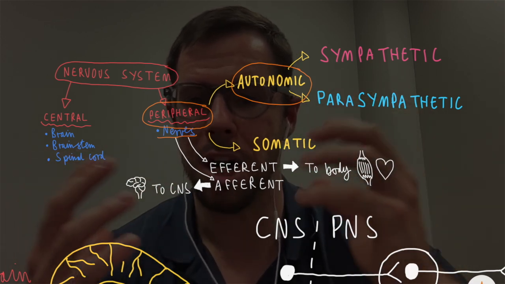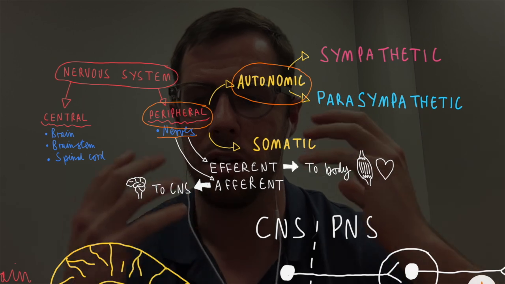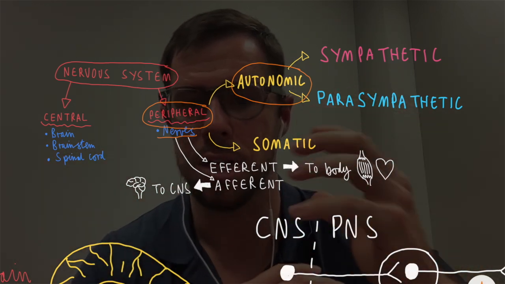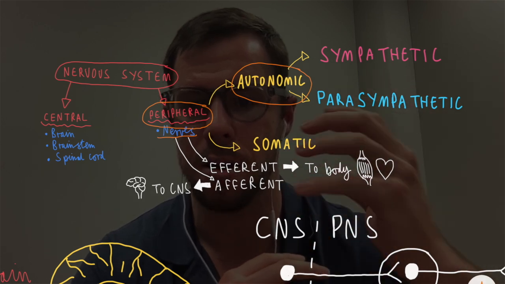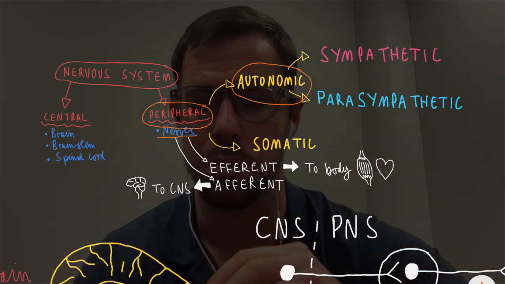Therefore, this part of our nervous system is deemed autonomic because the innervation of our internal organs is involuntary and can't be voluntarily controlled by our brain like what we see with the motor neurons that innervate skeletal muscles.